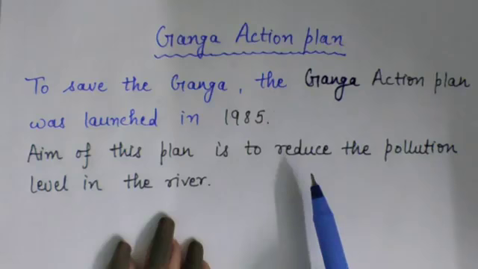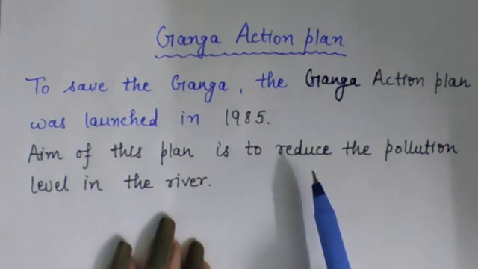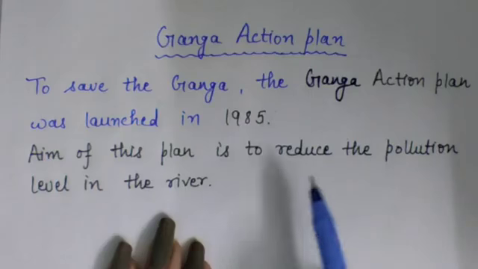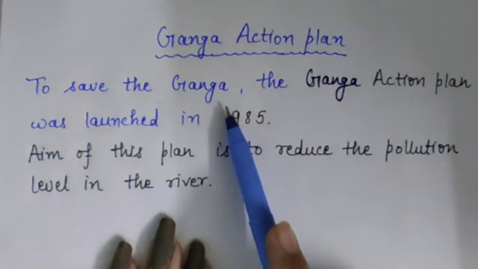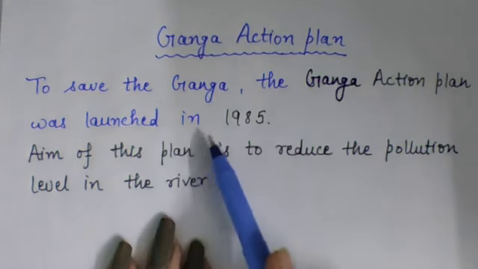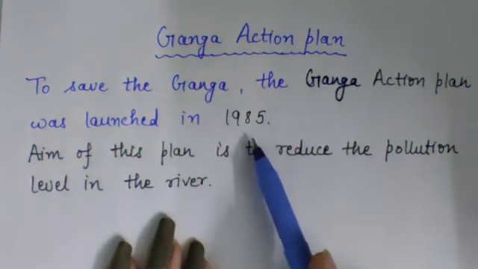Many human activities are responsible for polluting the river water. And because of these activities, now Ganga is one of the 10 most endangered rivers in the world. And to save the Ganga, the Ganga Action Plan was launched in 1985.